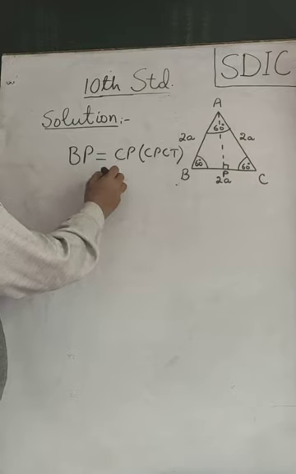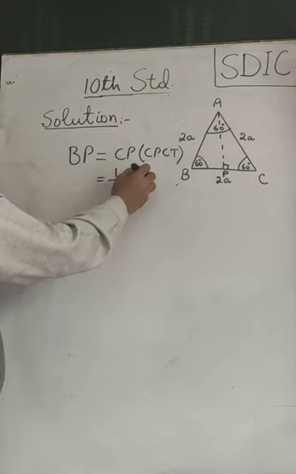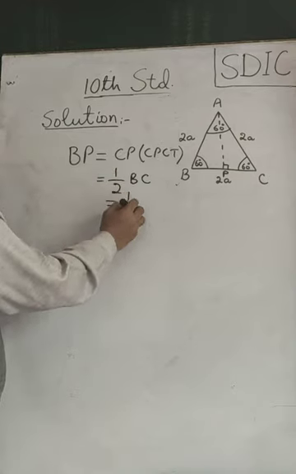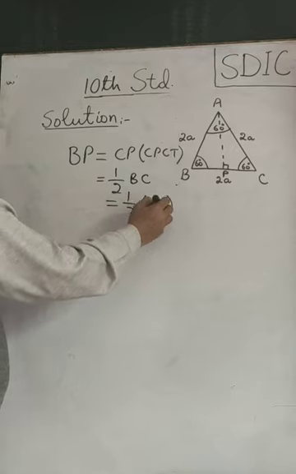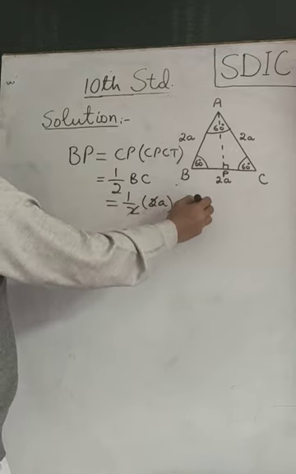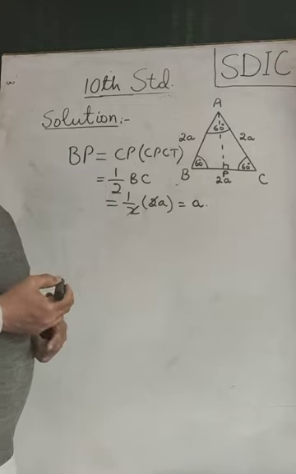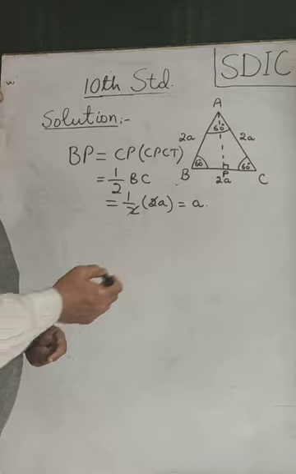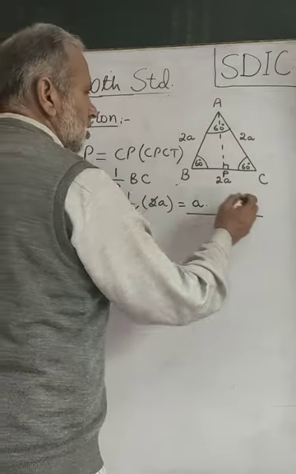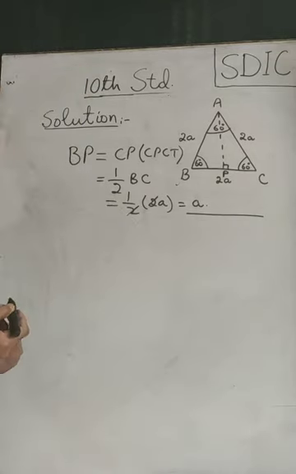From there, by using the relation half of BC, we got half of 2A, 2 cancels, A as the value of BP and CP. Up to this part, there is no change. You have to repeat that part of the previous question, up to this.